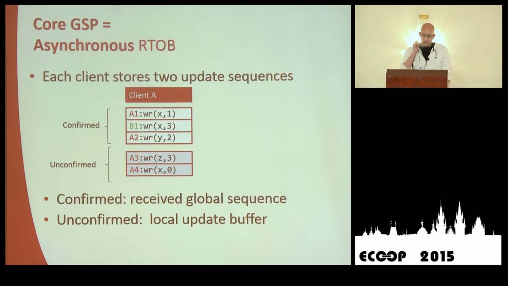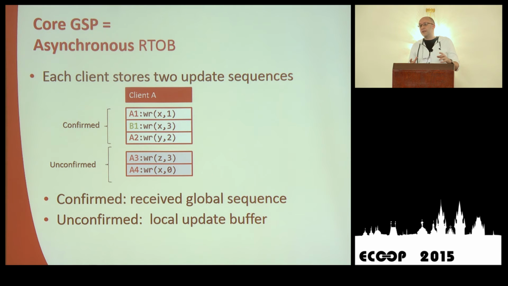So let me show you an example of a local execution where we have a bunch of writes to 3 memory locations, X, Y, and Z. We always have the confirmed log of operations, and that's really your local replica of the state, but we're going to abstractly represent it as an entire log of all the operations you've done.